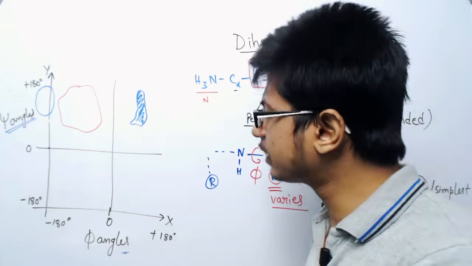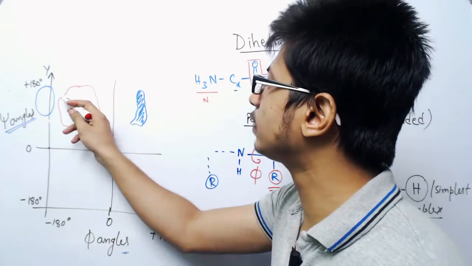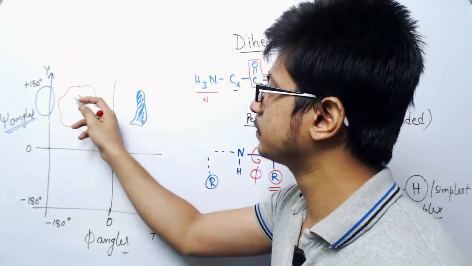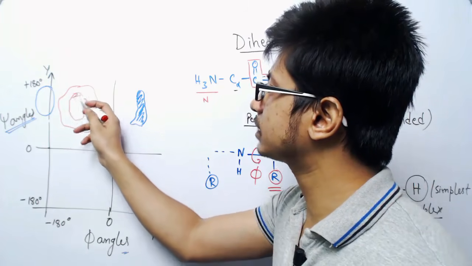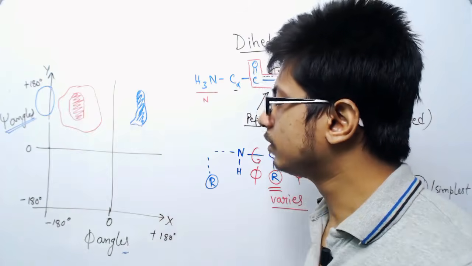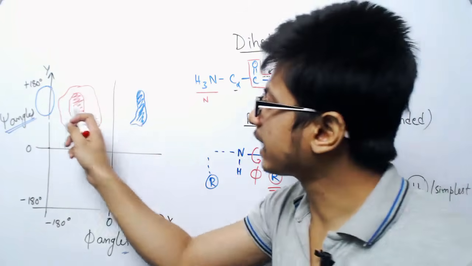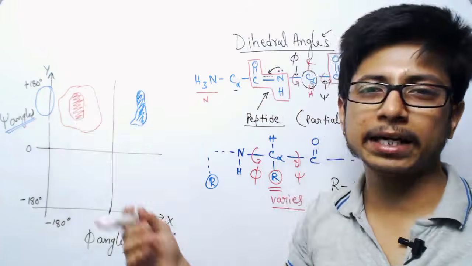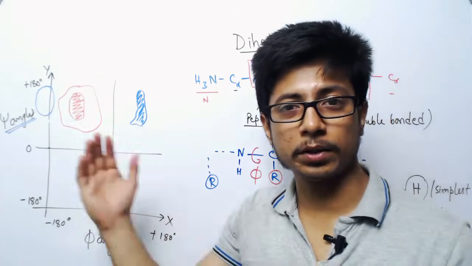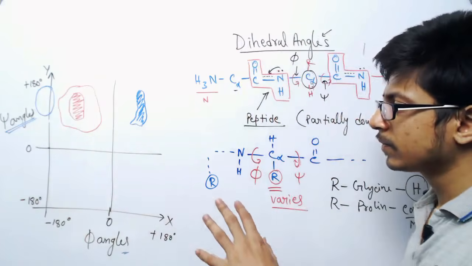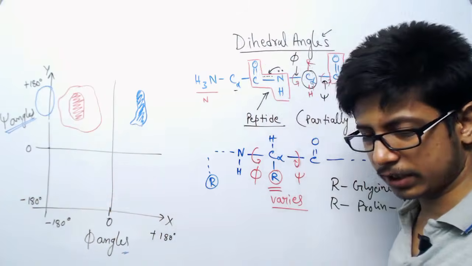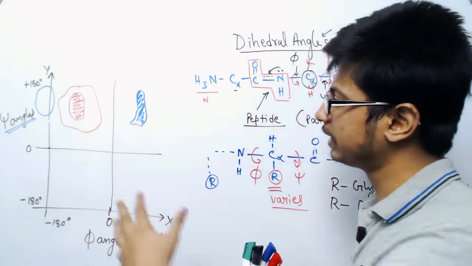And again, if you look a little carefully, you will also find that these are for the anti-parallel beta sheets. Parallel beta sheets range somewhere here. Though it's an arbitrary graph, you cannot exactly measure the degree of angle that is preferred for different structures. But there are software programs there.